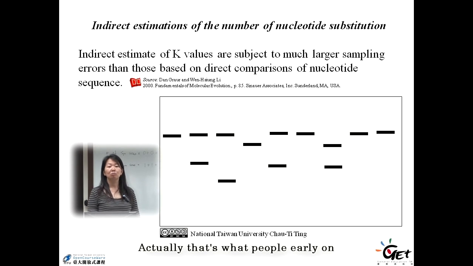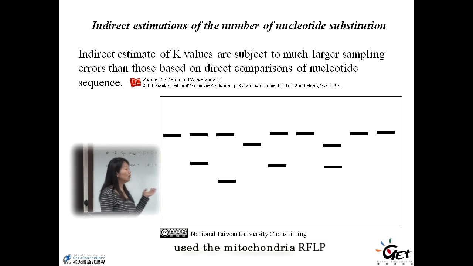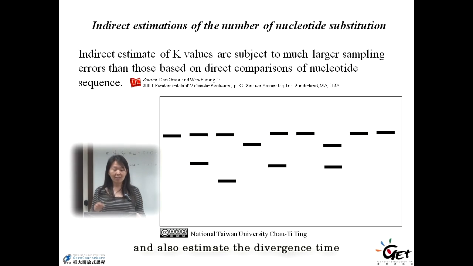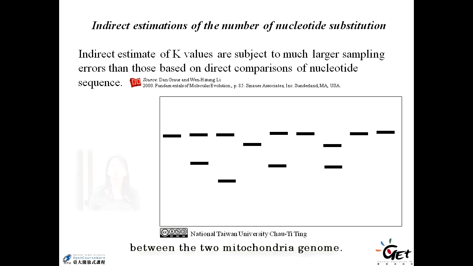Actually, that's what people earlier used mitochondrial RFLP for. They can also estimate the divergence time between the 2 mitochondrial genomes. So this is an indirect method, but you have to give additional information to look at that.